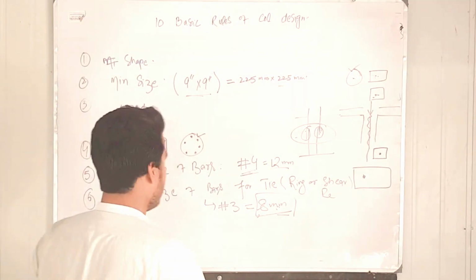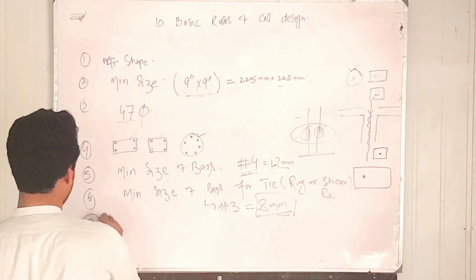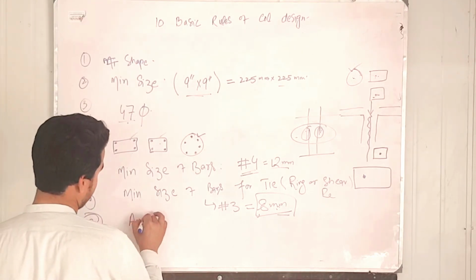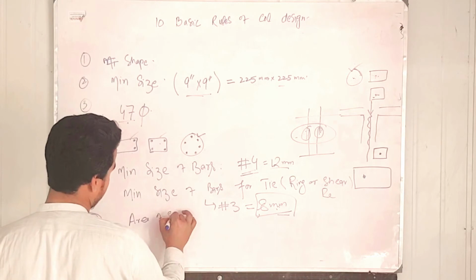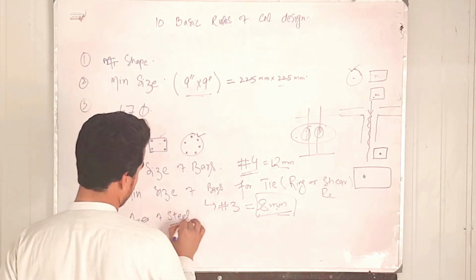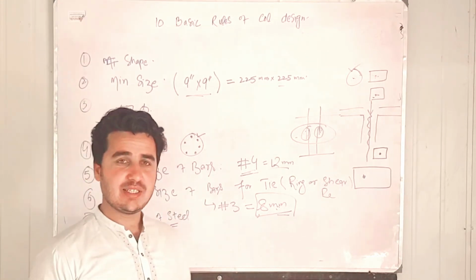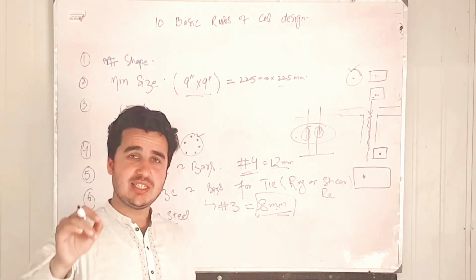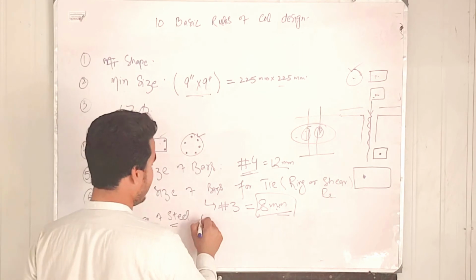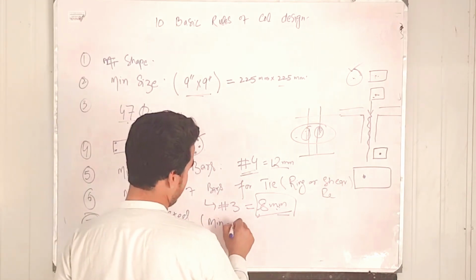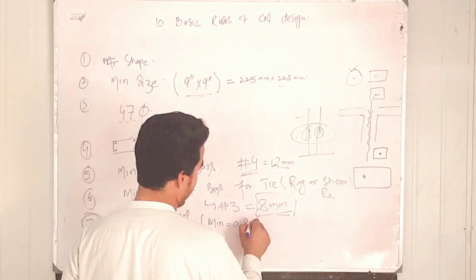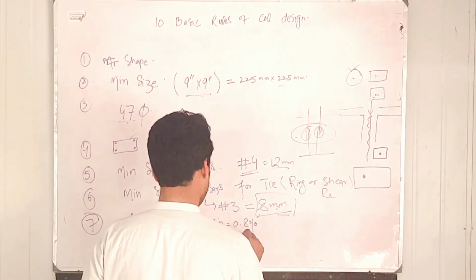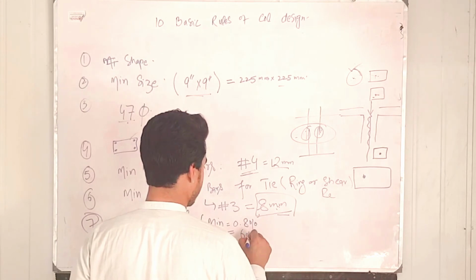Number 7 is the area of steel. If you are inspecting any column, then the basic assumption for it being right or wrong is that the minimum area will be not less than 0.8% and the maximum area shall not be more than 6%.